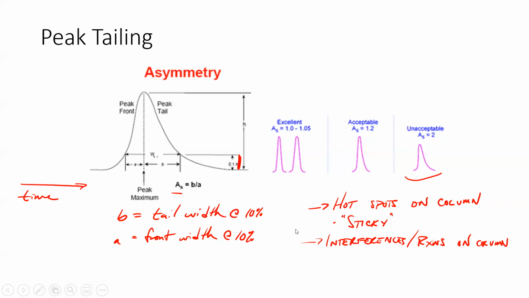And so it could either be reactions with something that's left over if we didn't flush long enough, or if it's auto sampling and we're going between run to run to run, or if whatever our analyte is reacts with whatever the column is made of, right?